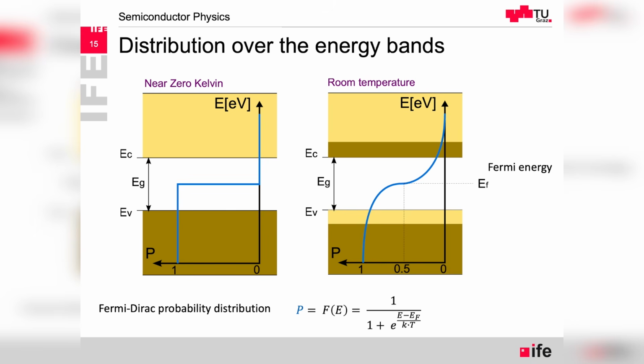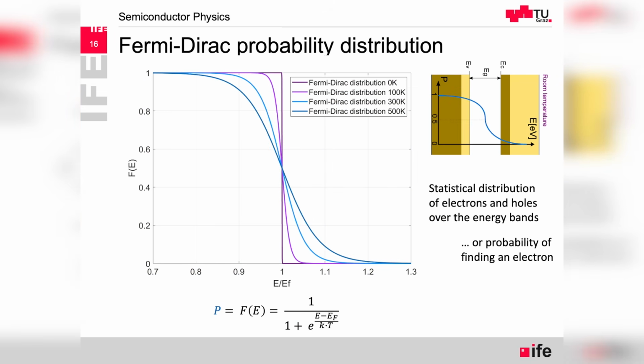Now, if we flip it, then we can have a more usual version of showing the probability. Probability minimum is 0, maximum is 1. And then in the x-axis, just like in the corner picture where we have the valence band, is the energy. And here we have normalized by the Fermi level, the Fermi energy.